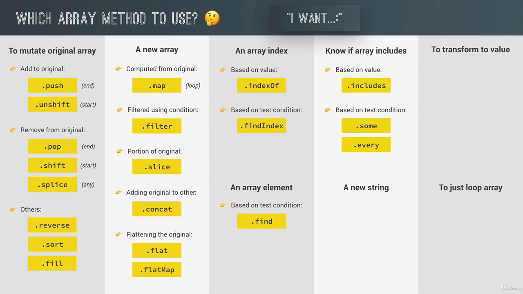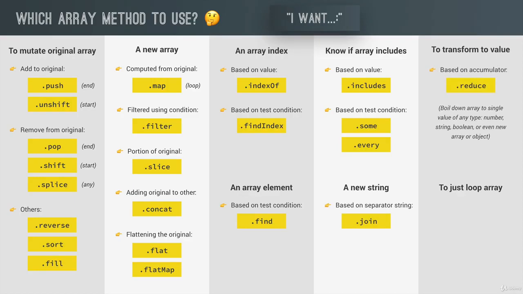Next up, sometimes we want to transform an array into a string, and then we use the join method. Or we might want to reduce the entire array to just one value. And as we already know, for that, we use the reduce method, just as we studied in this section.